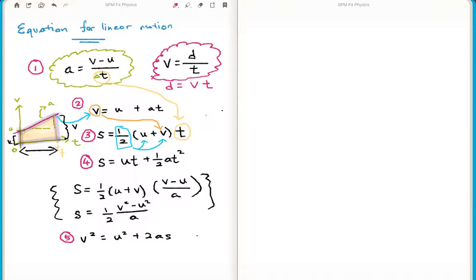Yeah, sometimes they never let you have time. They give you initial velocity, they give you acceleration, they let you know displacement. They ask you for final velocity. Yeah, final velocity. All you need to do is insert to the final answer. It's v squared equals u squared plus 2as. You need to be very good at it.